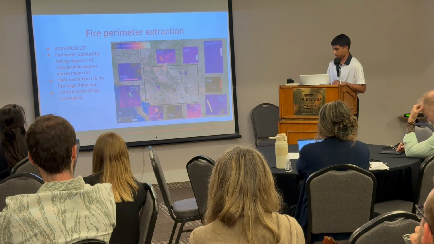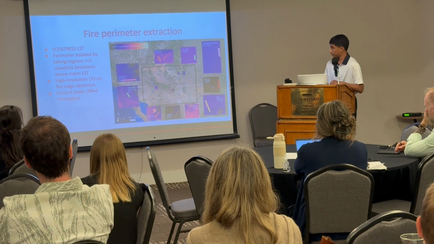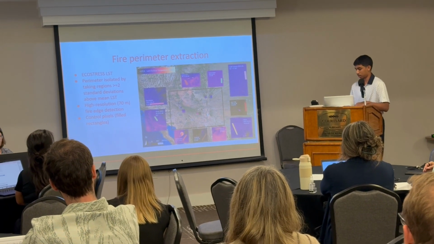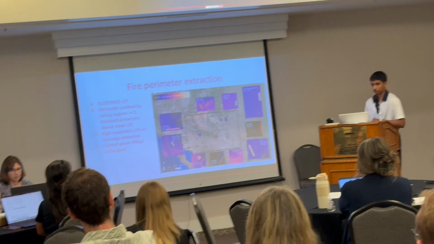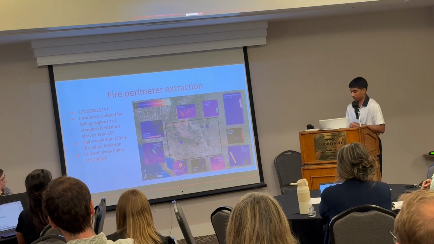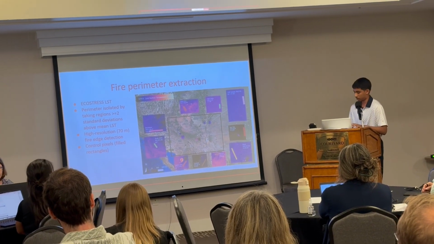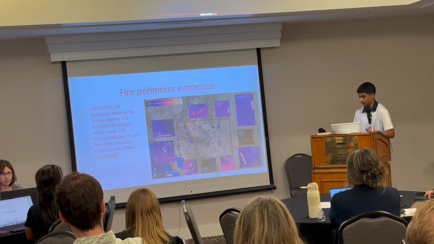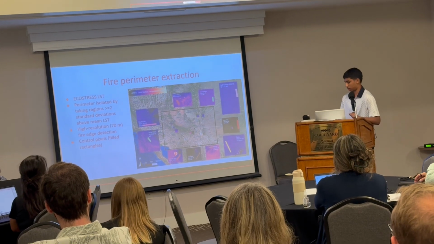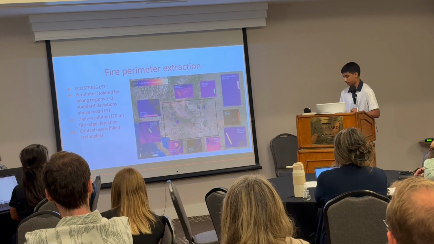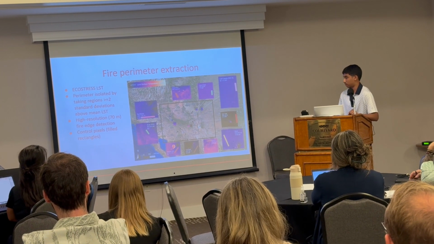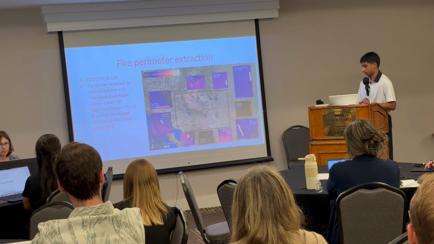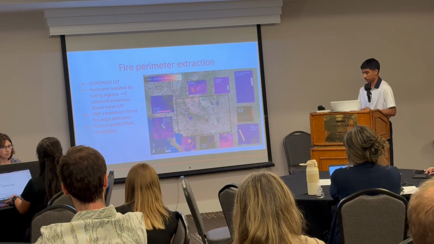Okay, so for fire perimeter extraction, we used ECOSTRESS thermal data to detect active fronts at 70-meter resolution. Areas with unusually high surface temperatures in this LST map, usually 2 or more standard deviations above the mean LST, were classified as the active fire edge, and nearby unburned pixels served as controls for comparison.